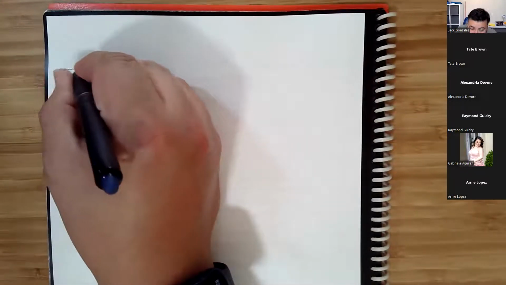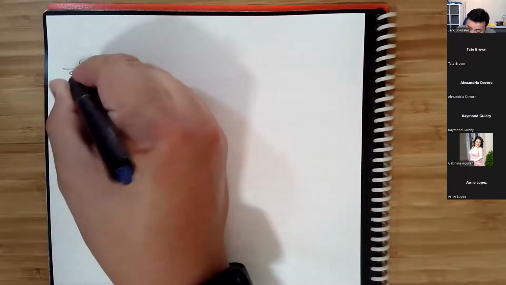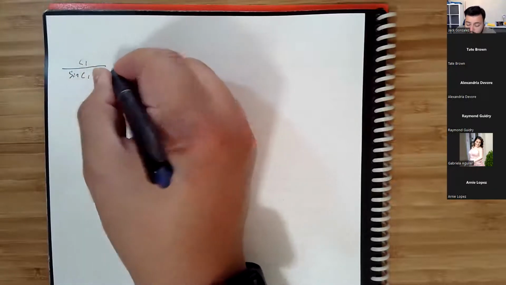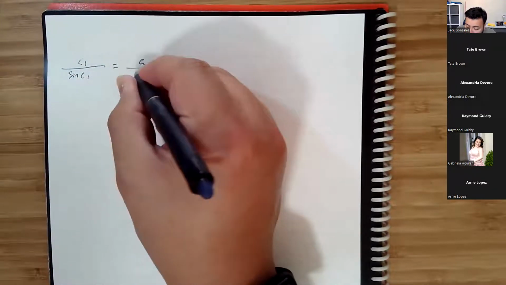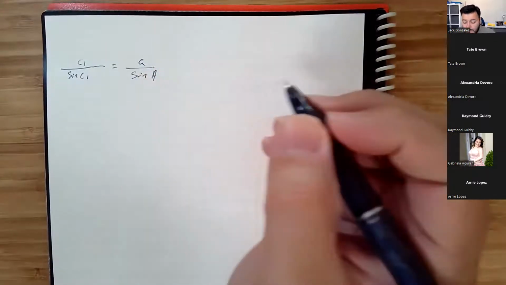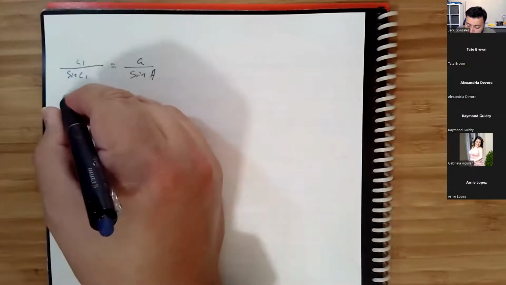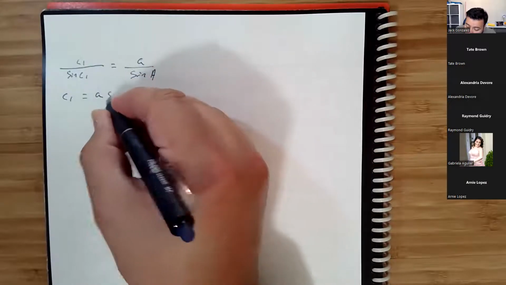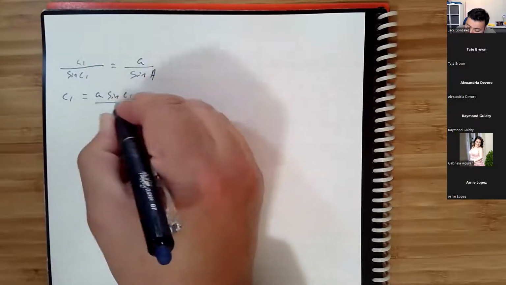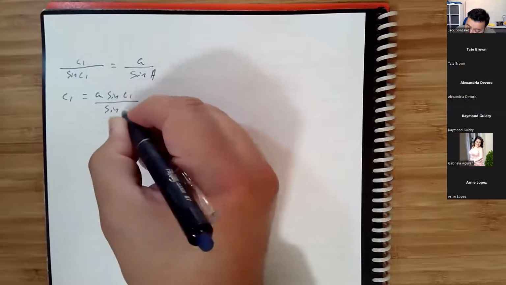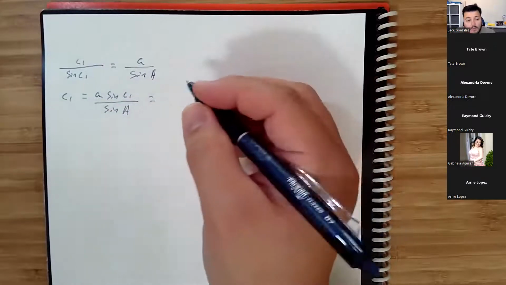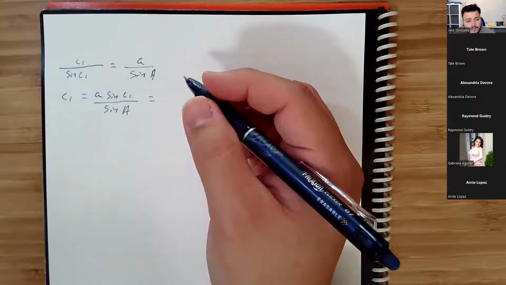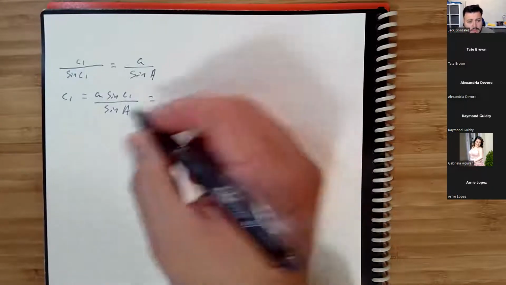All right, here we go. Little c1 over sine C1 is equal to a over sine A. Solve for c1: a sine C1 over sine A. Plug in everything from triangle 1, because this is C1.